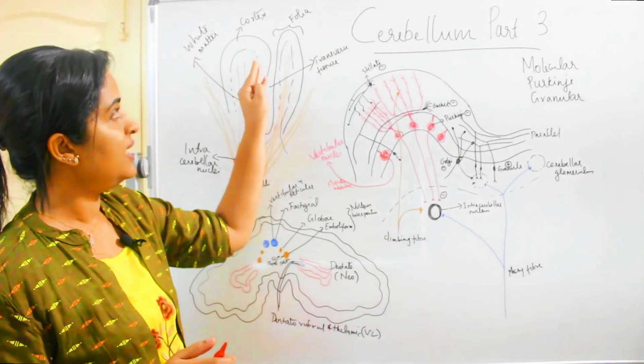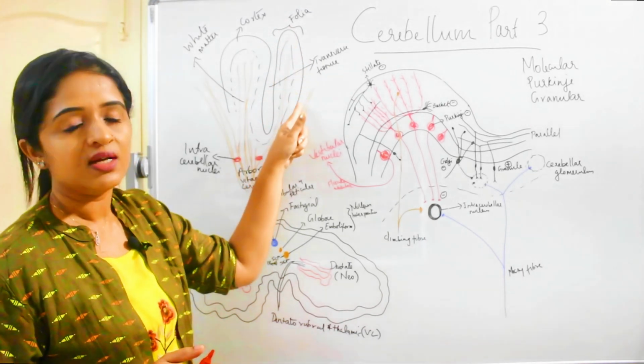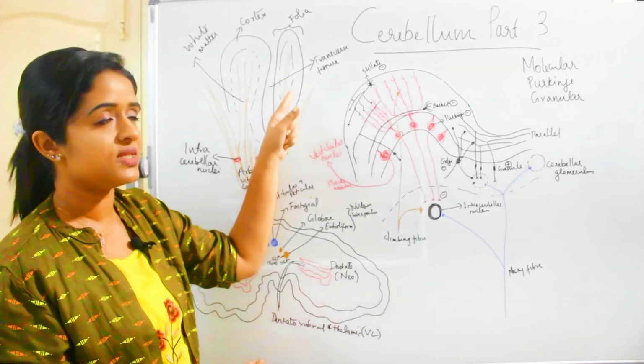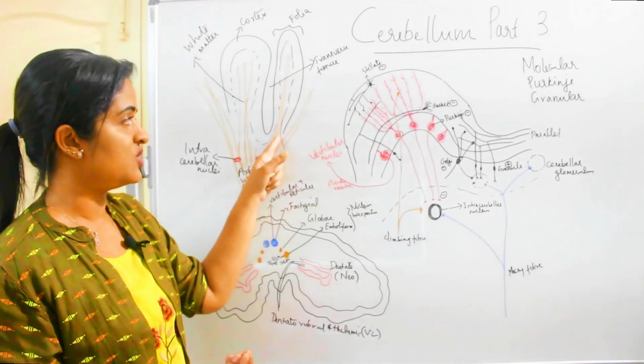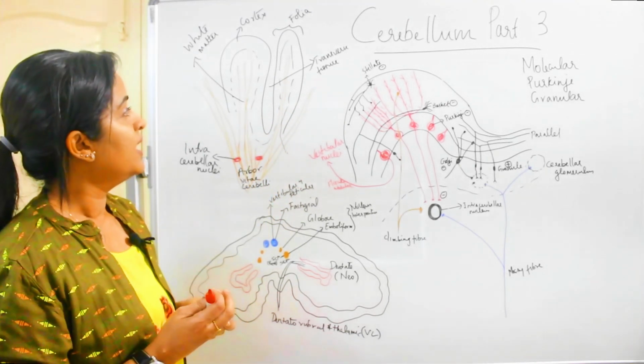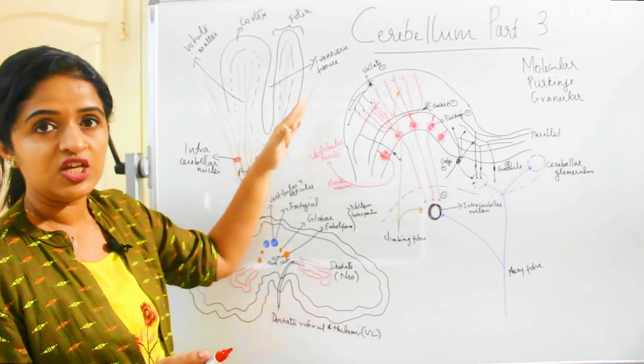When you take each folium, you can see that there is a rim of grey matter which is the cerebellar cortex, and from the innermost aspect you have the white matter which is joining the white matter core. So let's see how the white matter is going into each folium.